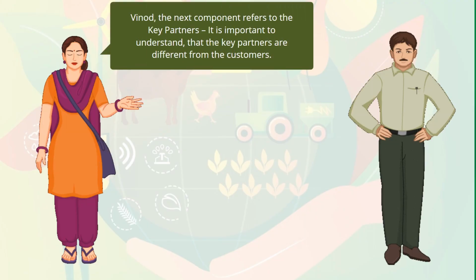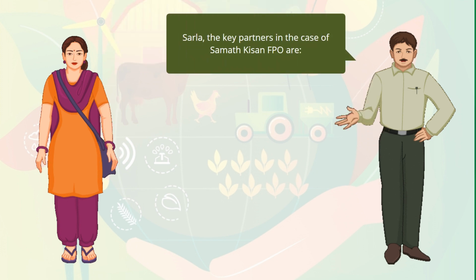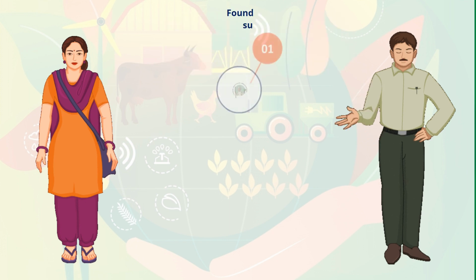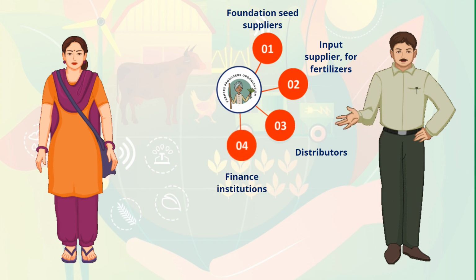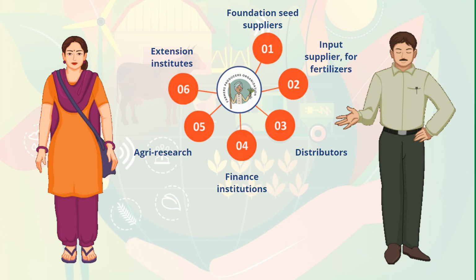Vinod, the next component refers to the key partners. It is important to understand that the key partners are different from the customers. Sarla: The key partners in the case of Samarth Kisan FPO are foundation seed suppliers, input suppliers for fertilizers and other, distributors, finance institutions, and agri research and extension institutes.